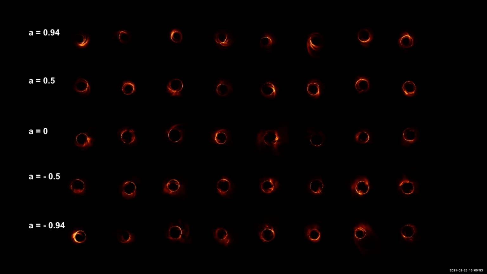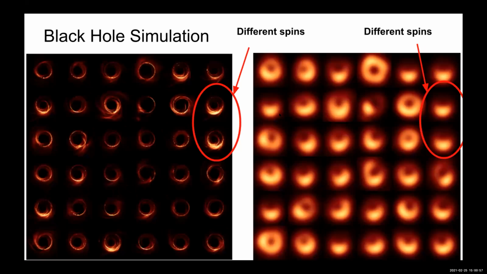So I found it really hard to just directly look at one image and tell what the spin value is. To make it even worse, I think what George and others found is that in our simulation, there could be possible degeneracies. For example, right here, the two black hole images I selected in the red box actually contain different spin values, but they look very similar at certain points during the evolution.